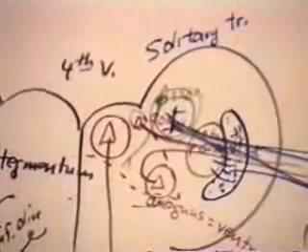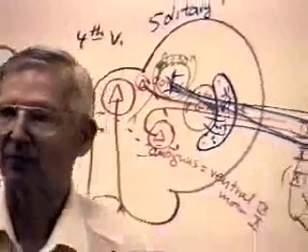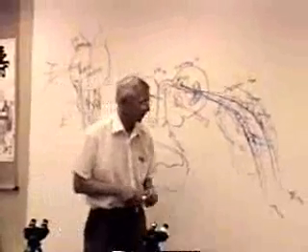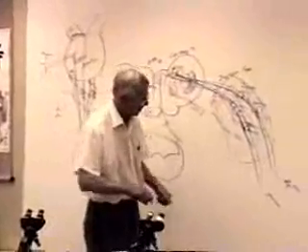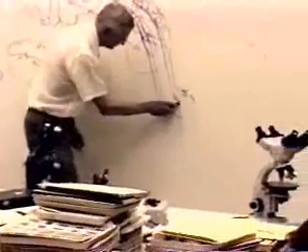So let's consider afferents that come in relation to the heart and blood vessels, most of whose afferents come in through the 9th cranial nerve.